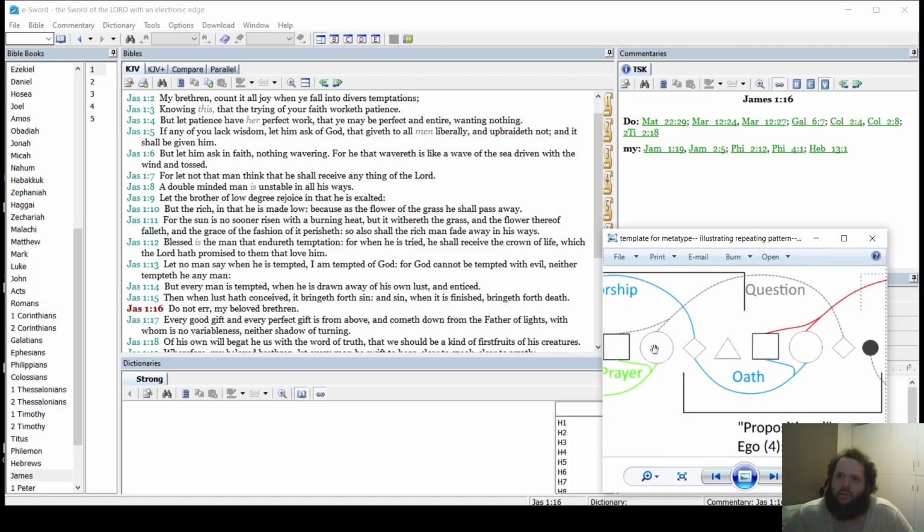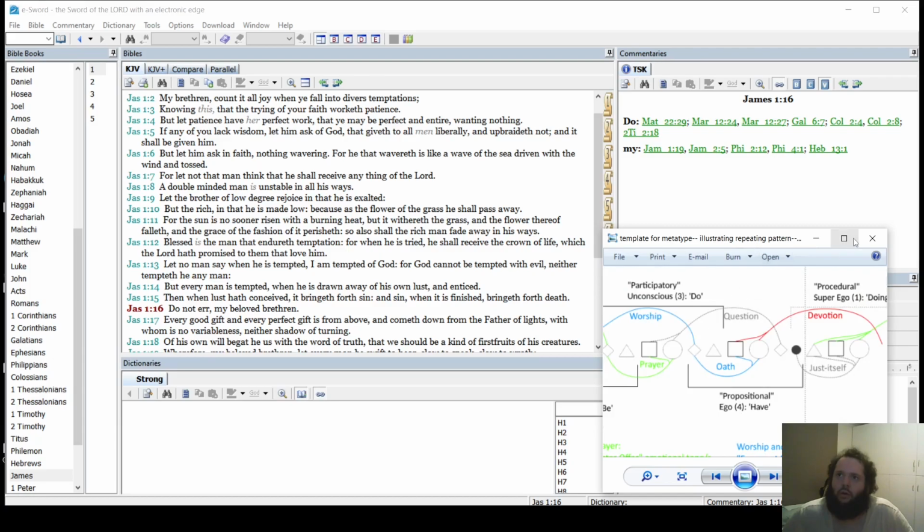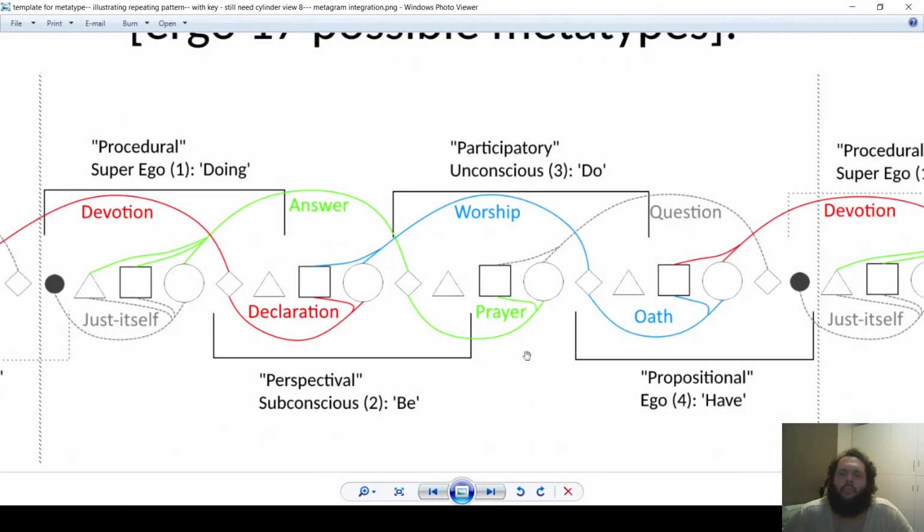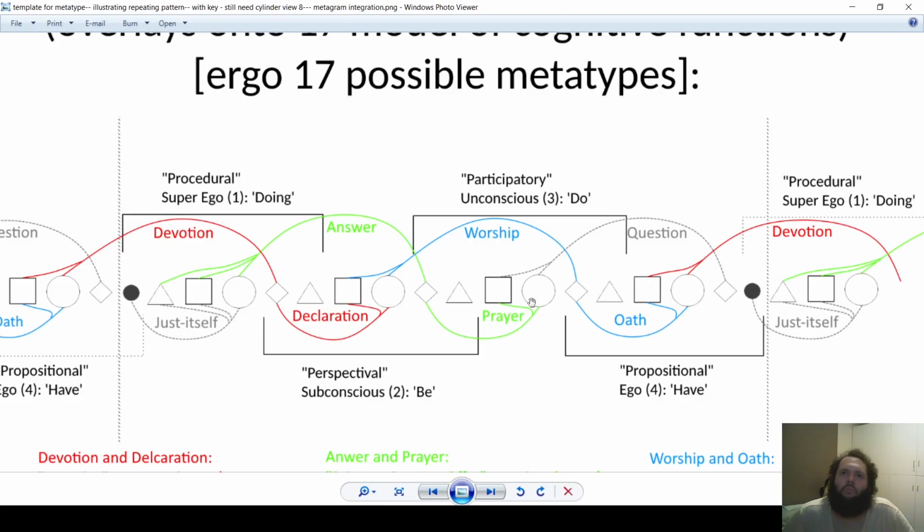I guess this is a bad example with the unconscious, because the unconscious parent function just leads itself back to the superego's parent function, which is still important.